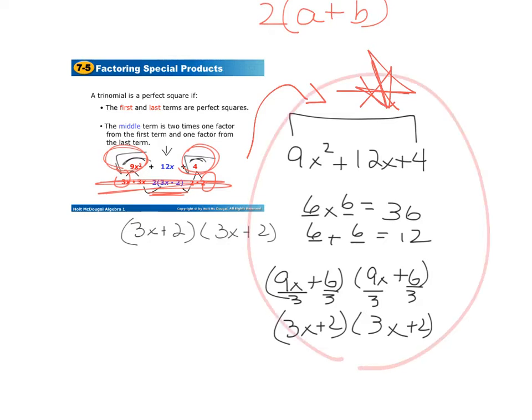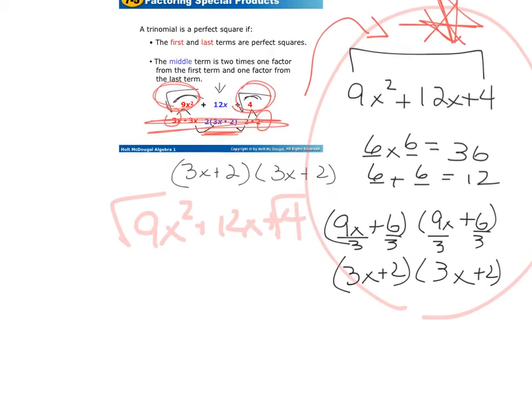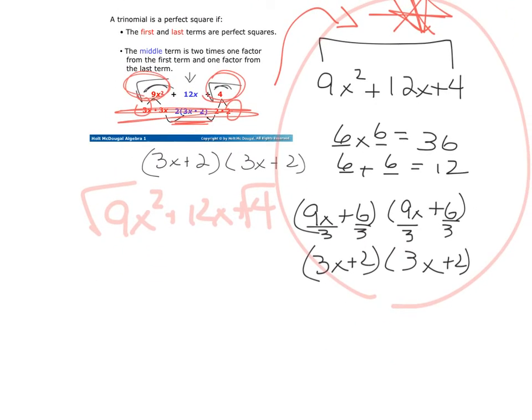That's a good question. She said, okay, if you see that these are perfect squares, yes, you can just square root them, but you should FOIL it because sometimes it doesn't always make the middle. Sometimes the ends are perfect squares, but it won't FOIL back to give you the 12x. So you're going to square root them and get the square root of 9x squared is 3x.